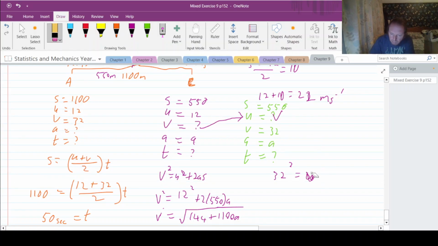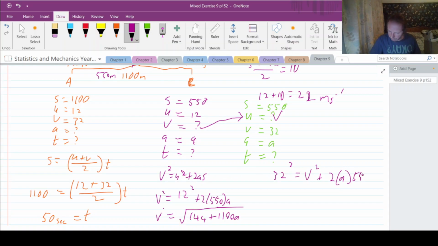Let's write that out correctly. v squared plus 2 times the acceleration that we're not sure of, and the distance of 550. So when we do a little bit of moving around, let's leave it as v squared. We have 32 squared minus 1100a is equal to v squared.